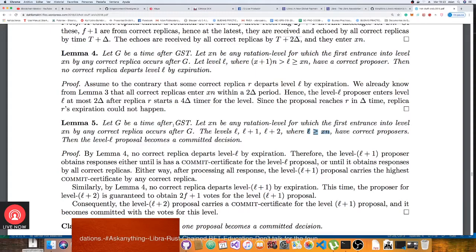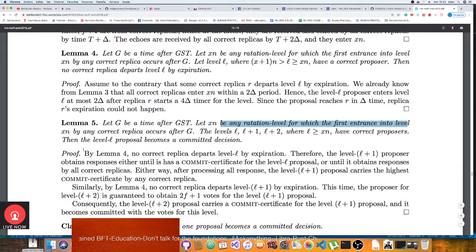So let G be a time after the global stabilization time. Let the measures, that in this way are the extended measures, be a rotation level for which the first proposal enters into level xn, but any correct replica occurs after G. So it's the same condition as the other lemmas.